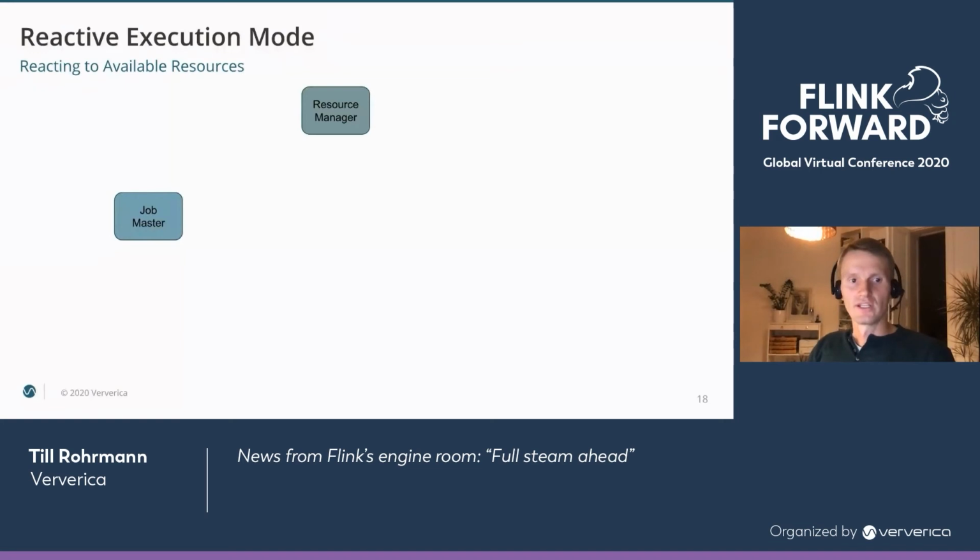When we start the job, we will spawn a job master responsible for running the job, and the resource manager. The first thing which happens then is that the job master tells the resource manager that it needs as many resources as it can get, because we want to react to potentially newly arriving resources.